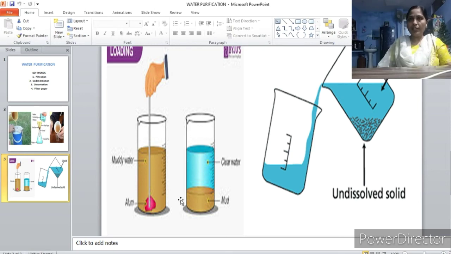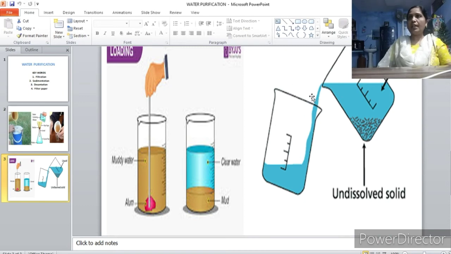Now slowly, you must pour this clear water into another beaker without tilting or disturbing it, or take this clear water into another pot.